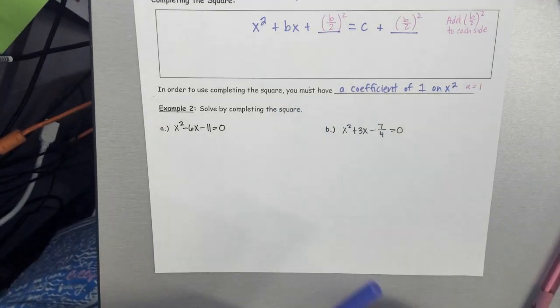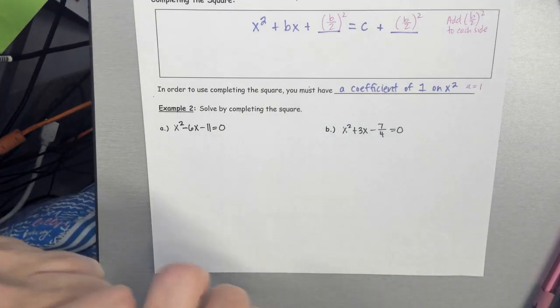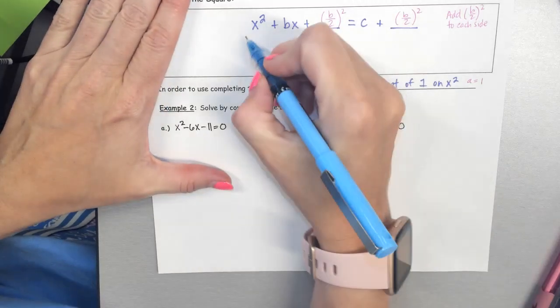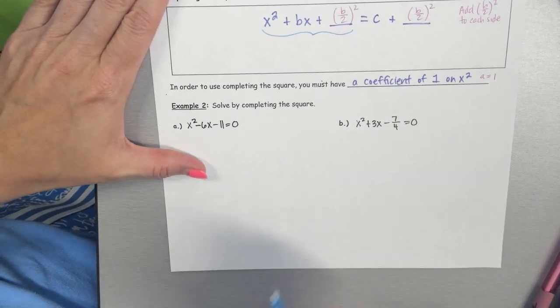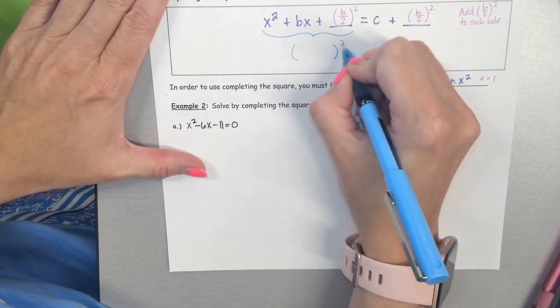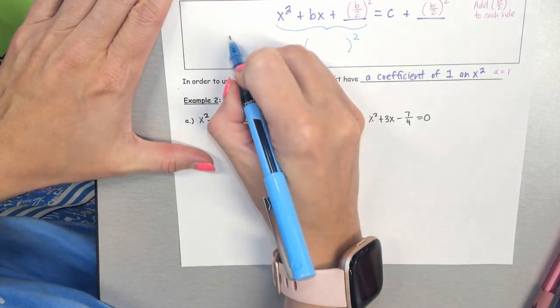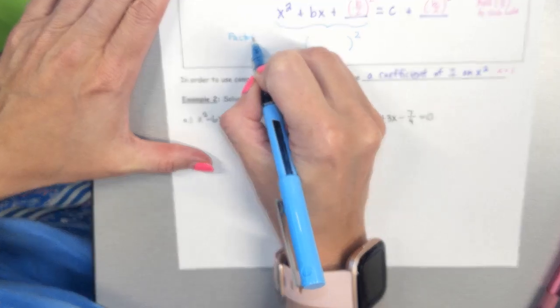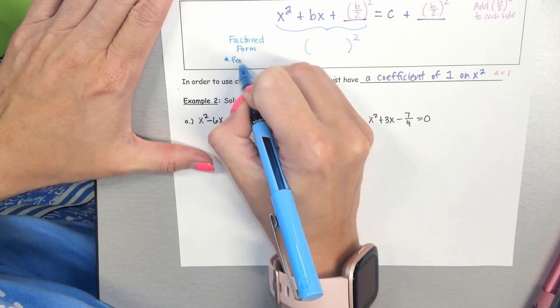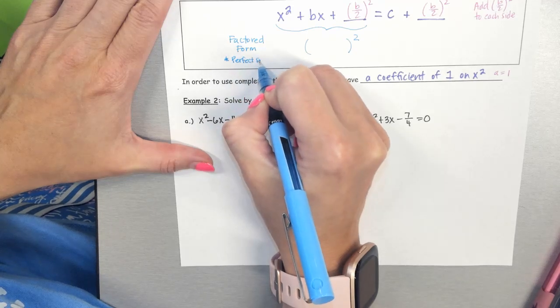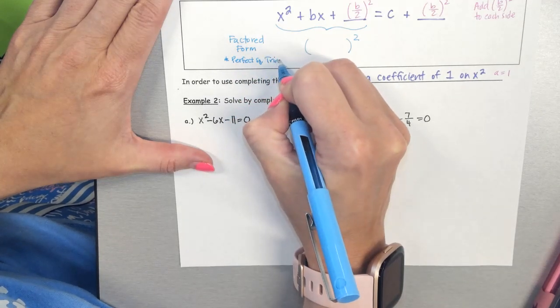Then what you do is you factor. When you're completing the square, this is going to be a perfect square trinomial. Okay, it's going to be in factored form. It is a perfect square trinomial, which is a pattern that we've talked about.